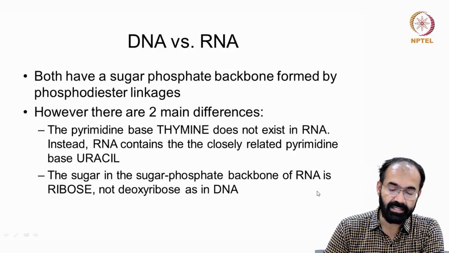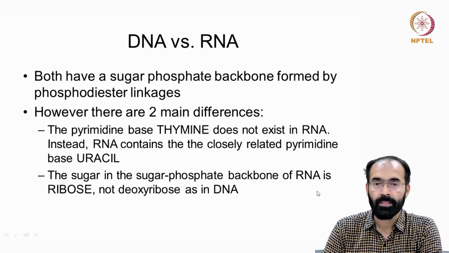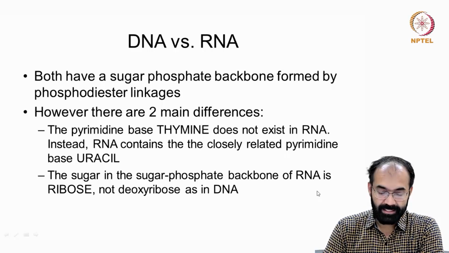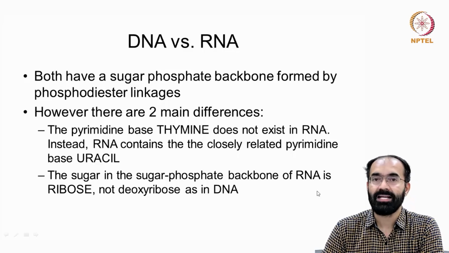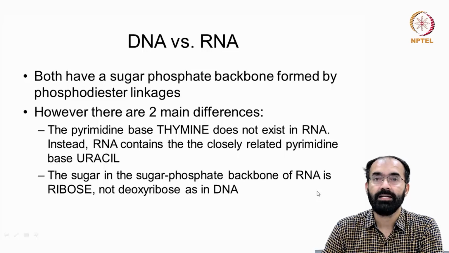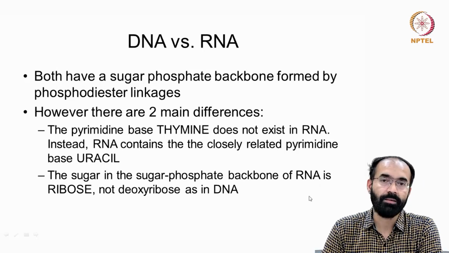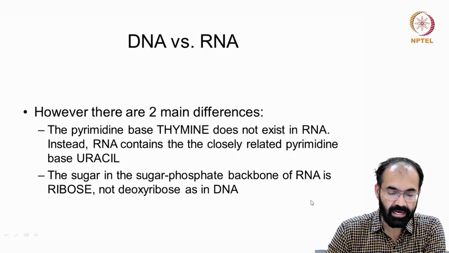Instead, RNA contains a closely related pyrimidine called uracil. The sugar present in RNA is ribose, which means the 2' carbon has a hydroxyl group, whereas in DNA it is called deoxyribose, meaning the oxygen is missing from the 2' carbon. These are the two main differences between DNA and RNA.